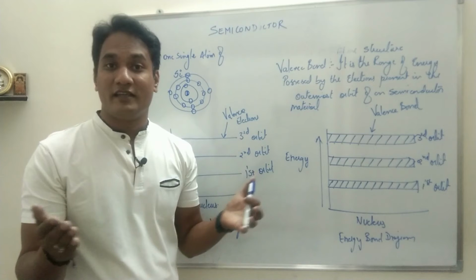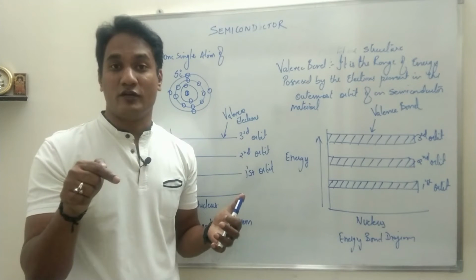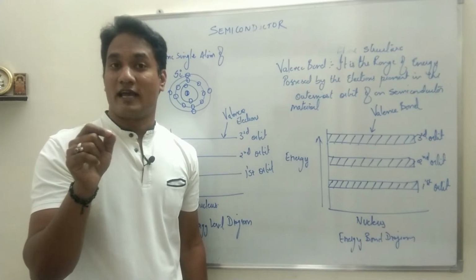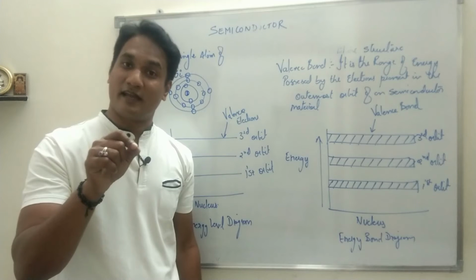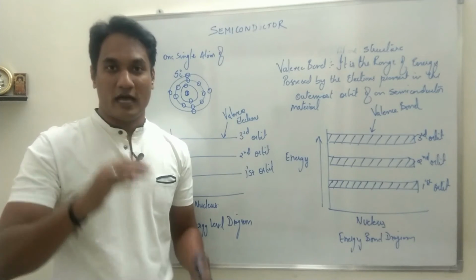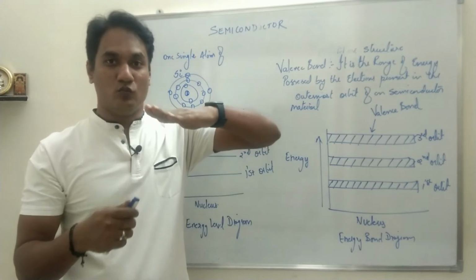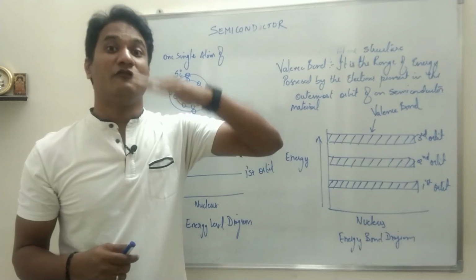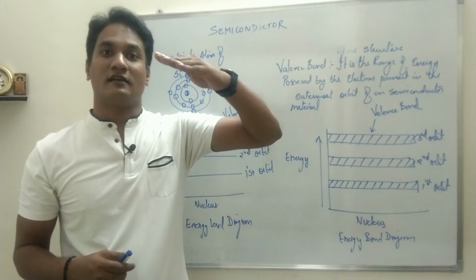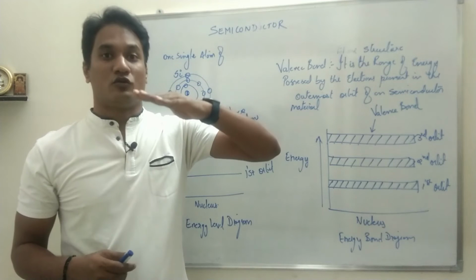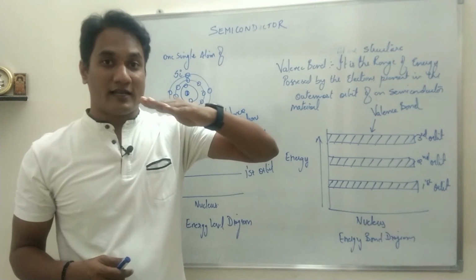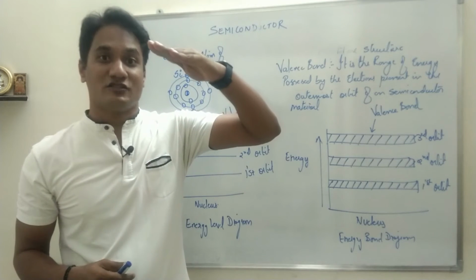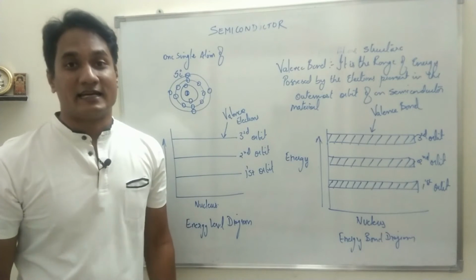They are free to move anywhere in the material, and these free electrons take part in the process of conduction, and therefore they are called conduction electrons. Of course, you have to give external energy to move the electrons from the valence band to free electrons, and these free electrons are called conduction electrons. So you have to give energy to these valence electrons to make them conduction electrons, and they will have a range of energy which is called conduction band.